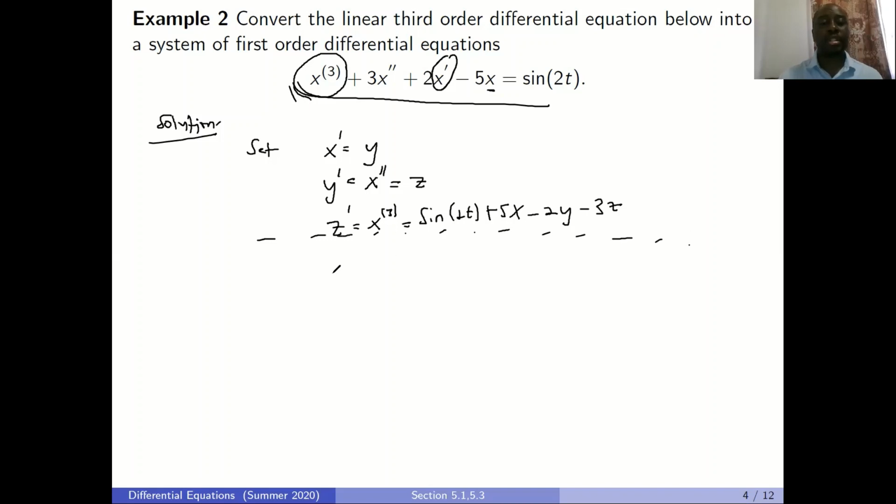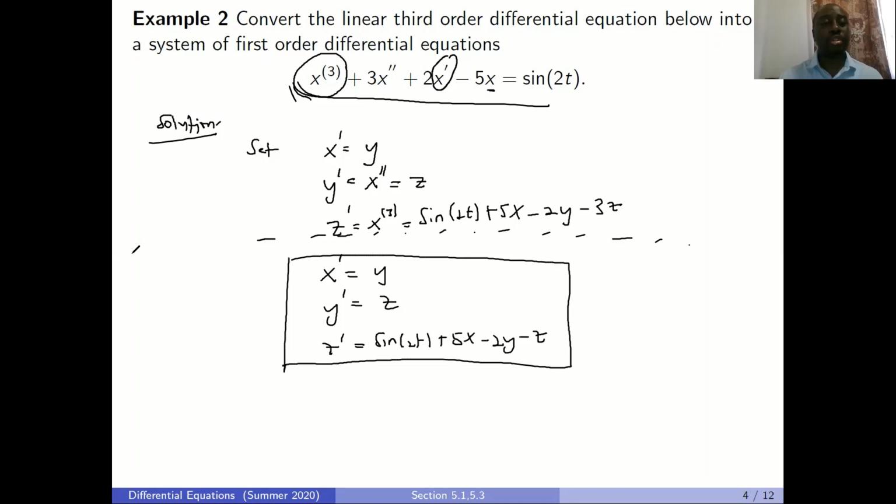And so I have a system of equations. x prime is y, y prime is z, and z prime is sine 2t plus 5x minus 2y minus z. And this is my system of first order equations.